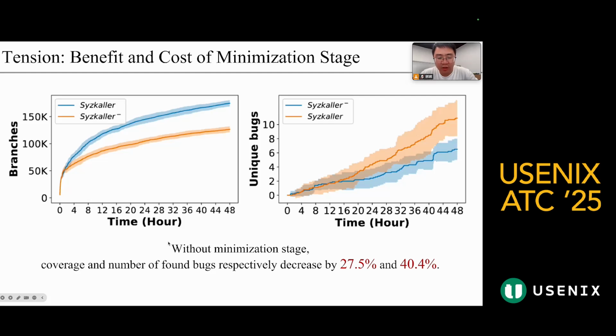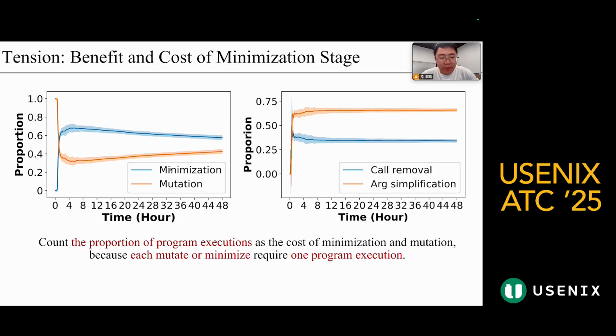As a result, without the minimization stage, the coverage and the number of found unique bugs decrease by 27.5% and 40.4%.